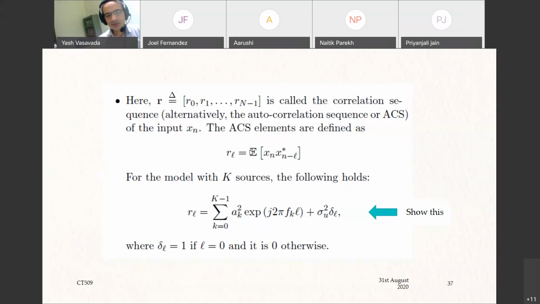So Arushi was saying correctly that in reality we will replace this expectation by an average operation, and that averaging we will do over capital N samples. We will do x of n times x of n minus L, and then do a summation from n equal to 0 to N minus 1, with small n. Maybe I should write it down here.